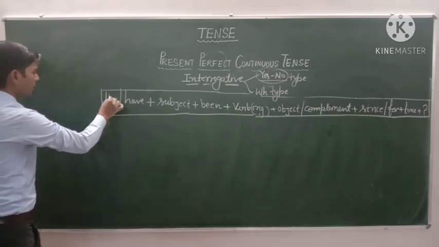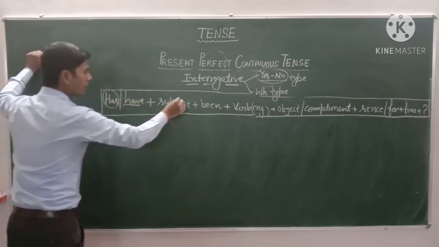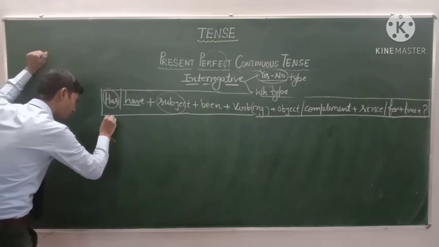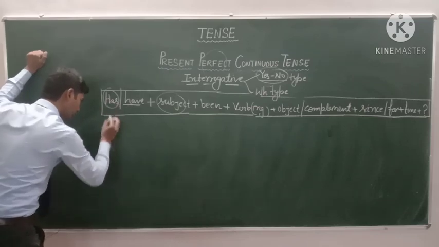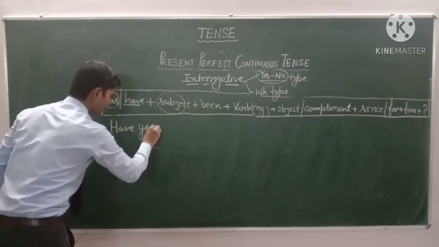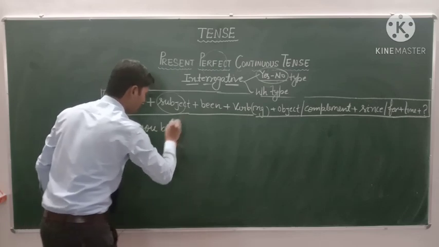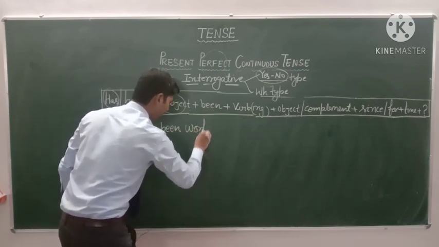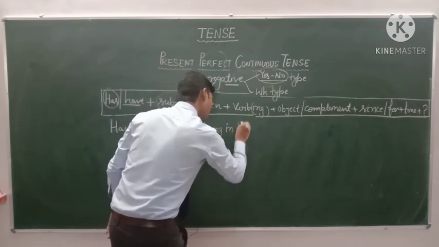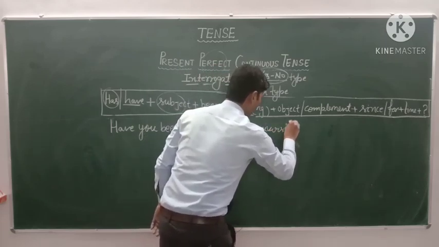First of all, we must know that we start with has or have as per the need of the subject. Here I am going to note down some examples. Have you been working in the university?